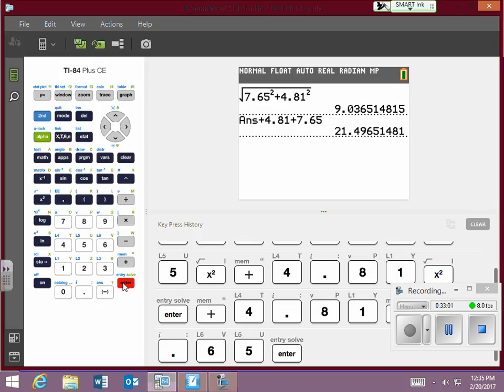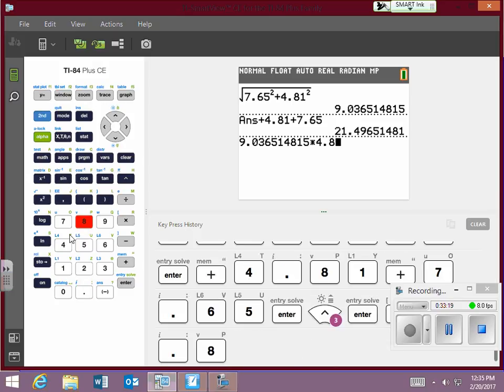So that'll be the perimeter. Then the area is going to be that thing times 4.81. And it'll be that.